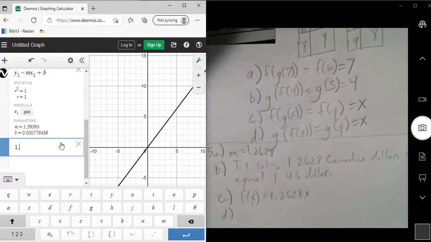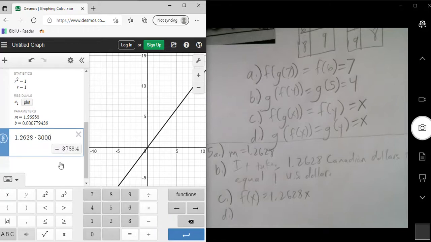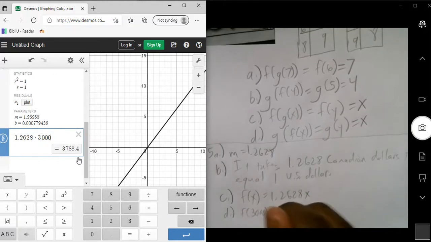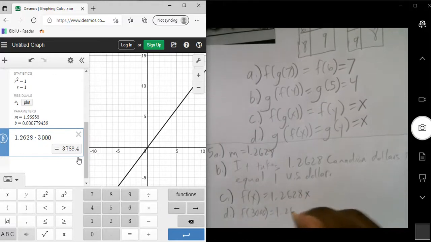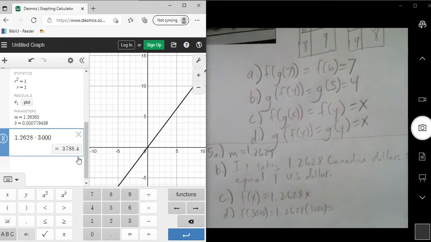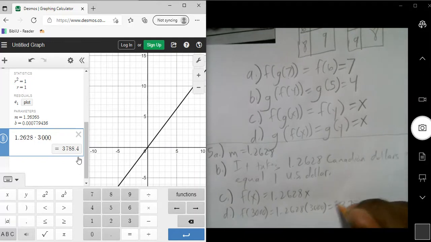So we would do 1.2628 times 3000. So we could say f of 3000 is equal to 1.2628 times 3000, which would give us 3,788.40.